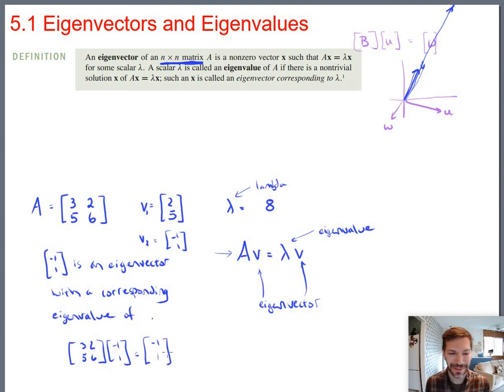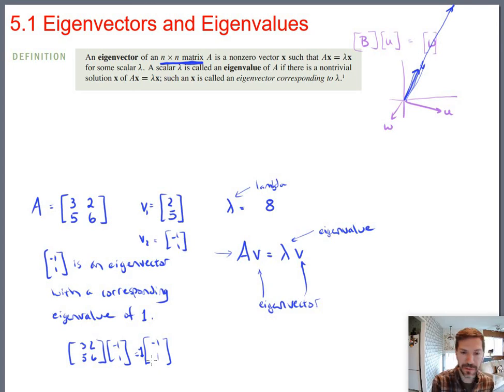You get the exact same thing coming out, which means that our corresponding eigenvalue is 1. All the steady state vectors that we looked at in Markov chains were eigenvectors with an eigenvalue of 1, right? Because you multiply that steady state vector by that transition matrix, you get the same result coming out.